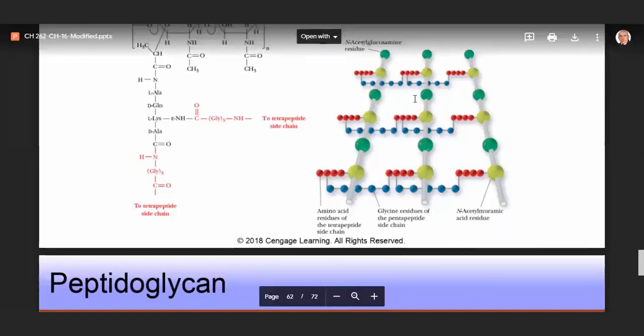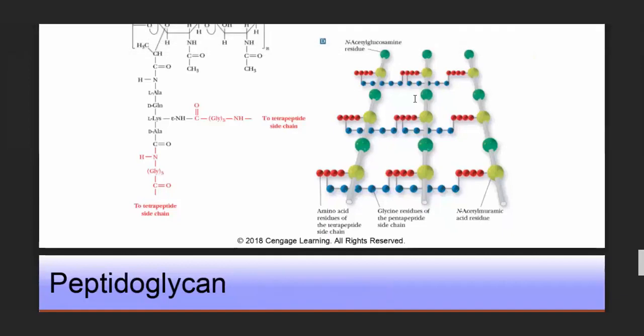As a result of all this cross-linking, this gives mechanical strength to the bacterial cell wall. That's why bacterial cell walls are extremely difficult to disrupt.